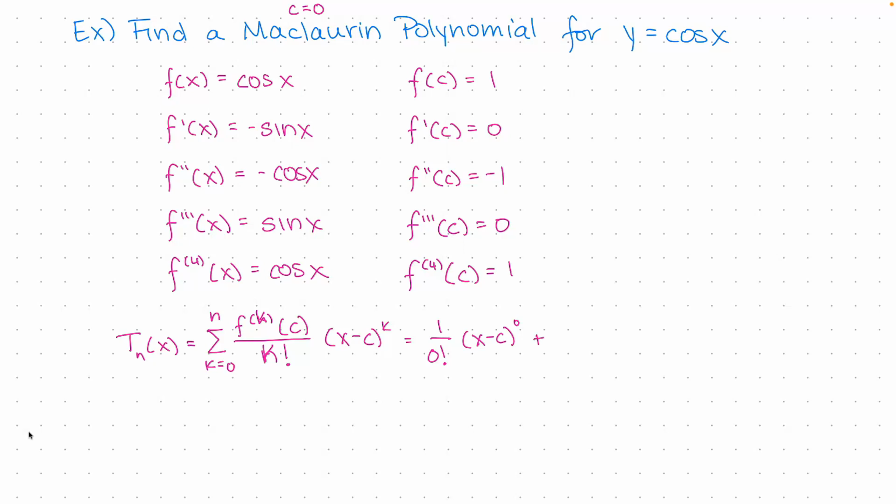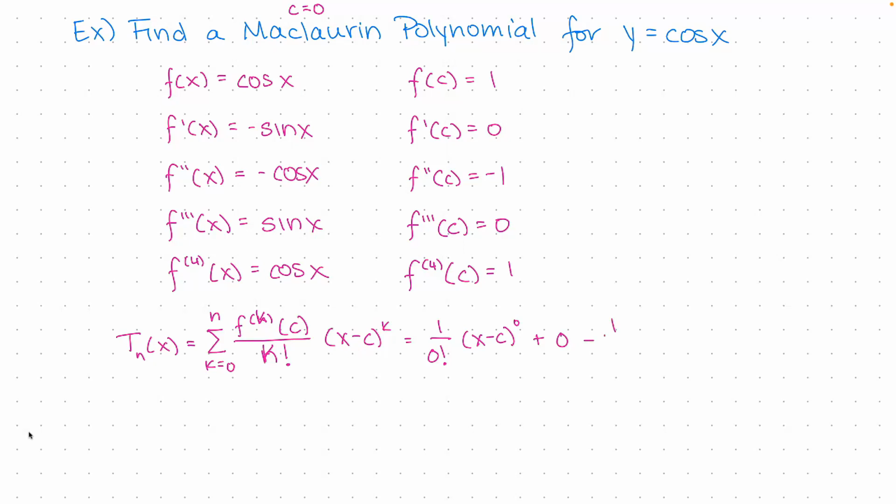And then, k equaling 1, so we're going to go to the first derivative. And it's going to be 0 over 1 factorial times x minus c. It's going to end up being 0. That 0 makes the whole entire term 0. So I'm just going to put 0. Then k equals 2. So we go to the second derivative. So it's minus 1 on the top over 2 factorial times x minus c squared.